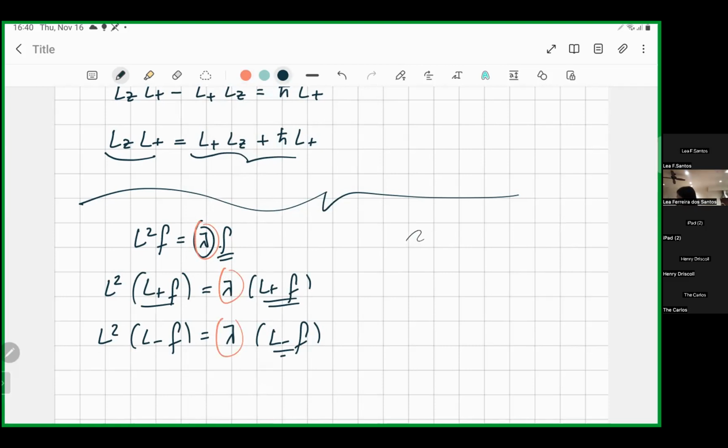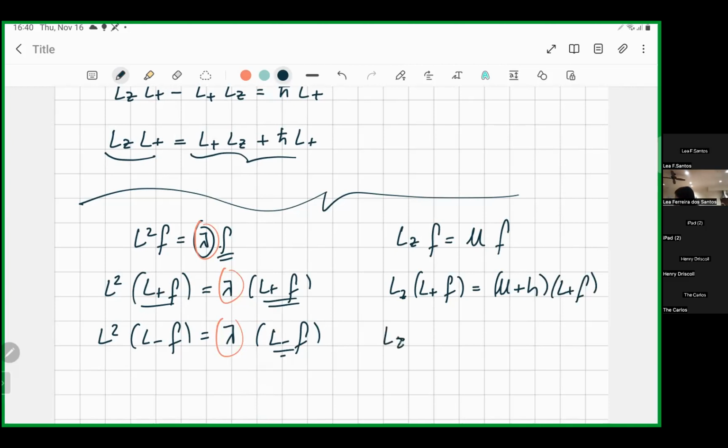Now, for the LZ, if I have this function f, the L plus f will also be an eigenfunction, but careful, this becomes plus. So the L plus is the raising operator.